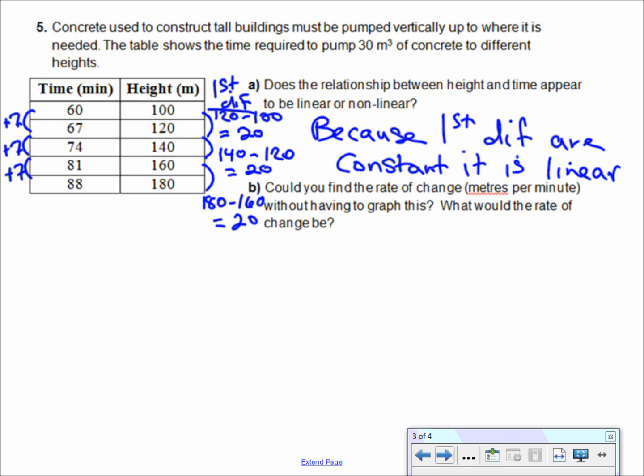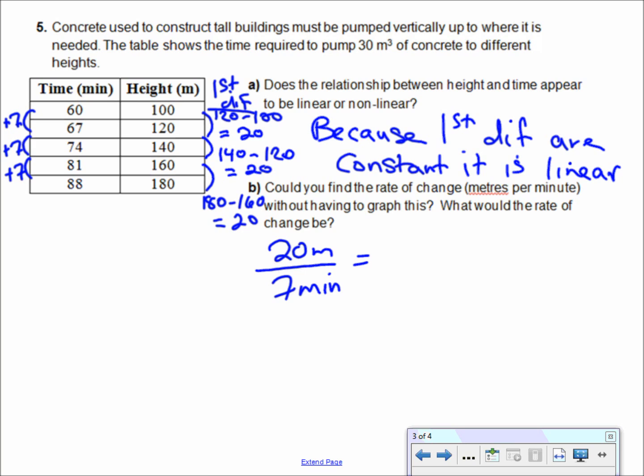Okay, could you find the rate of change, meters per minute, without having to graph this? What would the rate of change be? Okay, yeah, so what do they want? They want meters per minute, so it's going to be 20 meters over 7 minutes. I know it'll be a decimal, but you can do it. You can go 20 divided by 7.